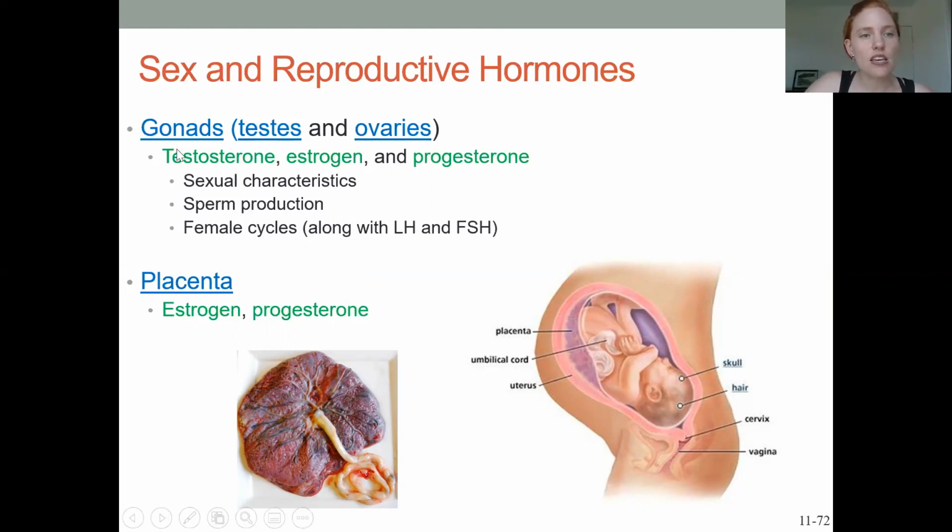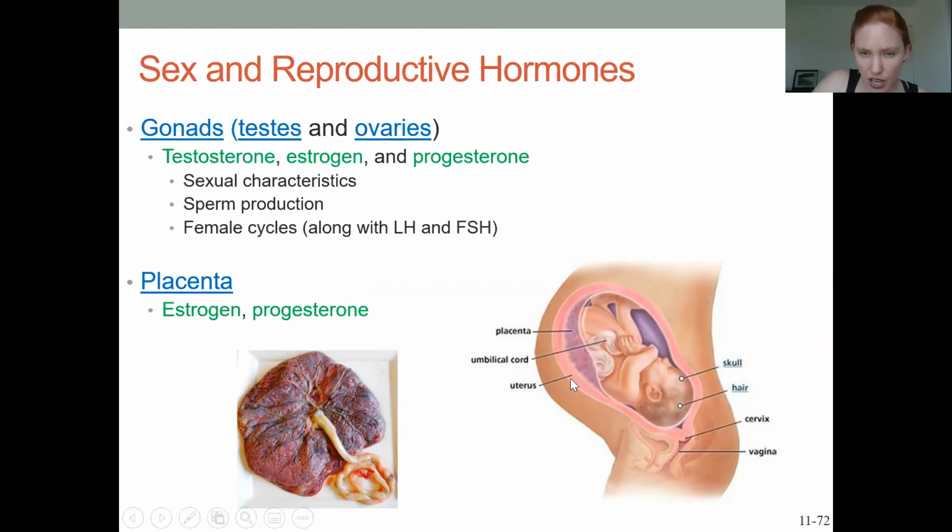And then the testes will produce testosterone, and testosterone affects the primary and secondary characteristics. It also stimulates sperm production. I did also want to mention that you do produce testosterone a little bit in females, but just not nearly the same levels. Okay, and the placenta.